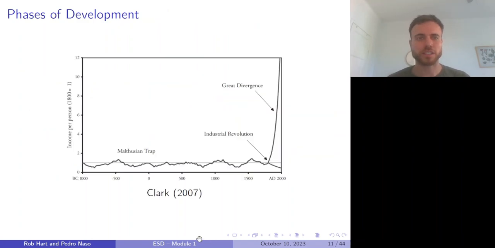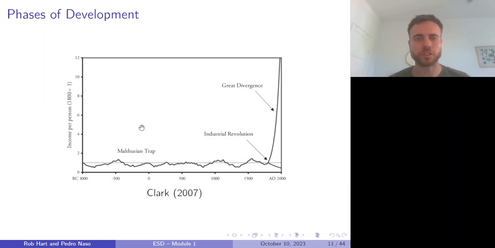So here is the same graph for income per person. This I took from Gregory Clark's book, and it shows income per person from 1000 BC to the year 2000. And then it's easier to see the three phases here.